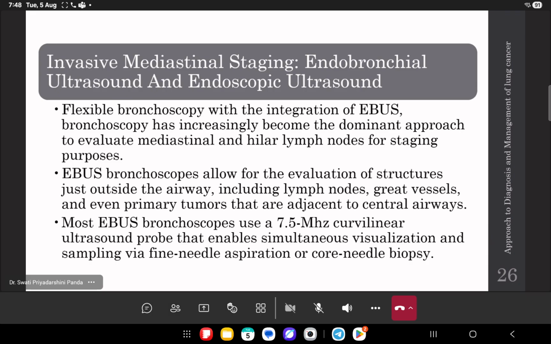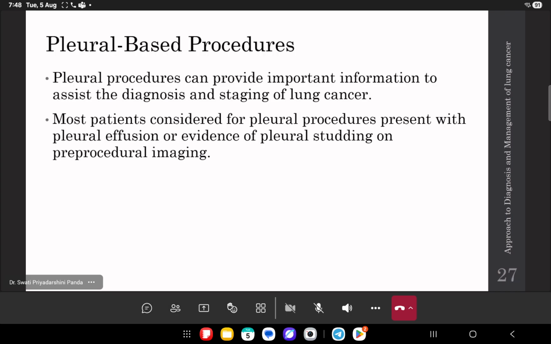EBUS bronchoscopes allow for the evaluation of structures just outside the airway, including lymph nodes, great vessels, and even primary tumors that are adjacent to the central airways. This uses a 7.5 megahertz curvilinear ultrasound probe that enables simultaneous visualization and sampling via fine needle aspiration or core needle biopsy.